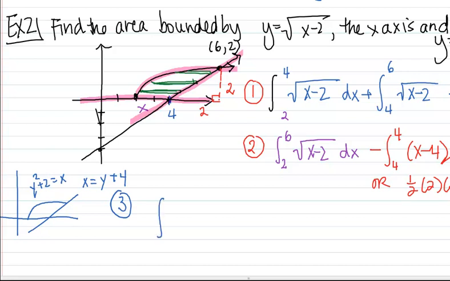So then we would need to integrate, and it's going to be right hand minus left hand. So on the right hand side we have the line, 2(y plus 4), minus, on the left hand side, y squared plus 2, dy. Now what are the boundaries for our regions? The smallest y value will be 0, and the largest y value will be 2.